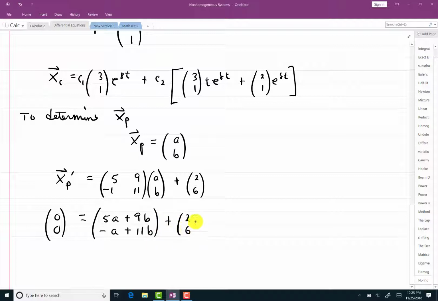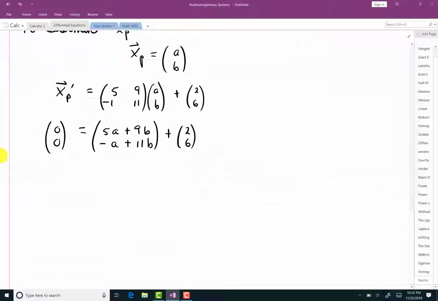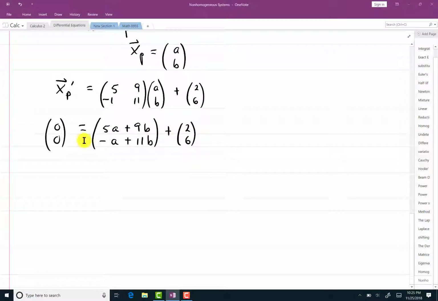Plus 2, 6. Then I'll take the 2, 6 to the other side, so I'll subtract it off, and I'll get a series of equations: 5a plus 9b equals negative 2, and negative a plus 11b equals negative 6.